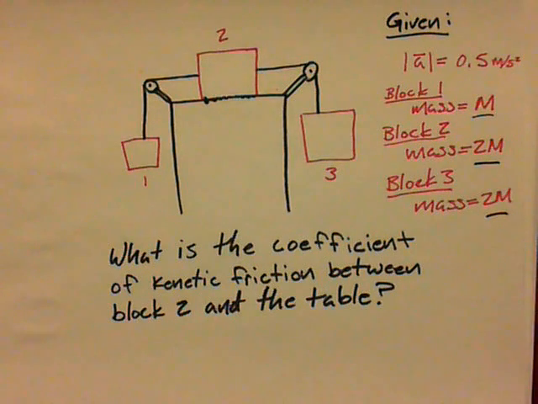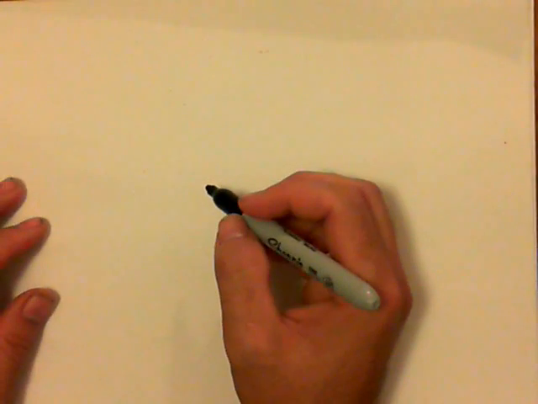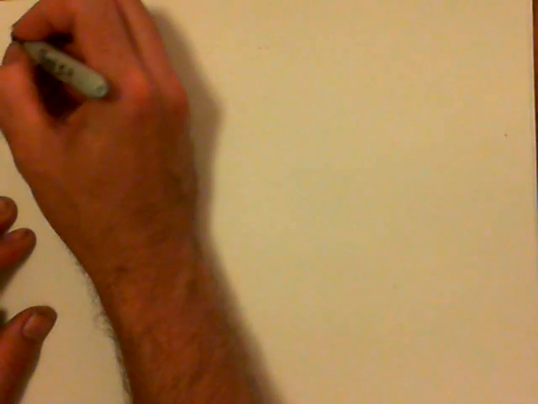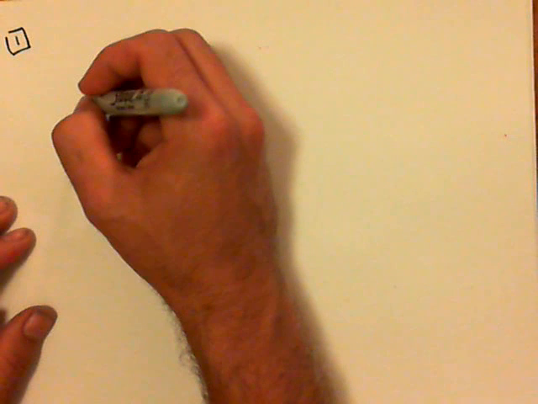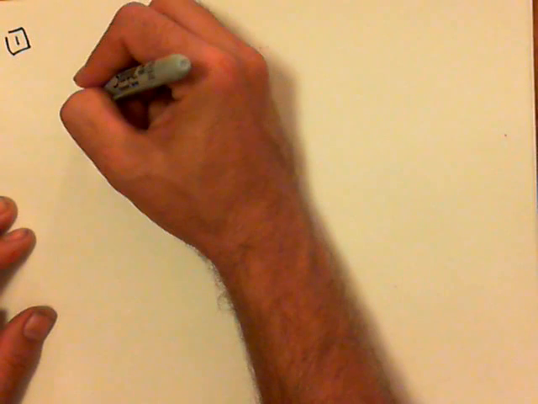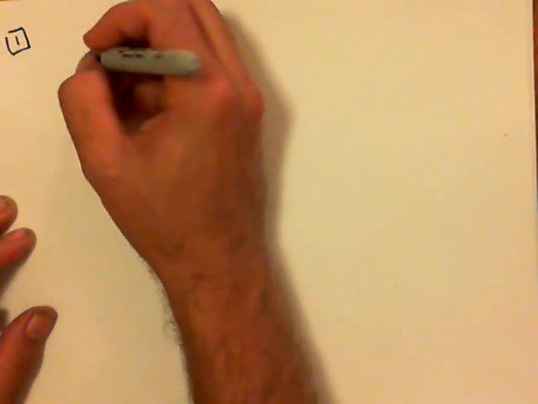So let's go ahead and start doing up our free body diagrams. I'm going to move this out of the way, so we're just going to have to remember what that looked like. So for block 1, we do a little free body diagram. We have just the cable coming out of the top of the box. We're going to name that T1.